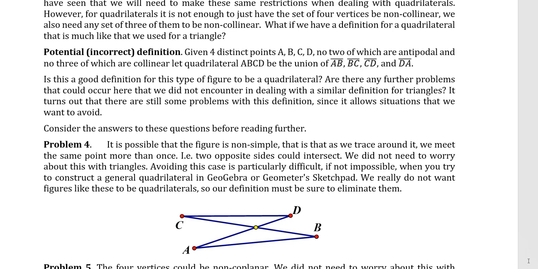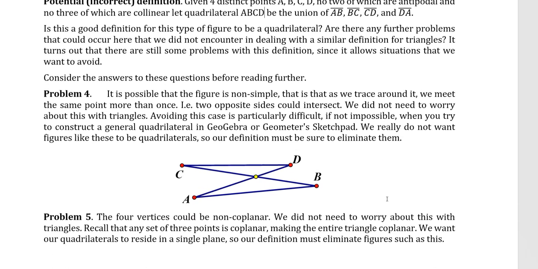But avoiding this case is particularly difficult, if not impossible, when you try to construct a general quadrilateral in GeoGebra or Geometry Sketchpad. We really don't want figures like these to be quadrilaterals. This yellow point here is on these two sides, but it's not a vertex. That's something we really want to eliminate, so we've got to figure out a way to eliminate that.